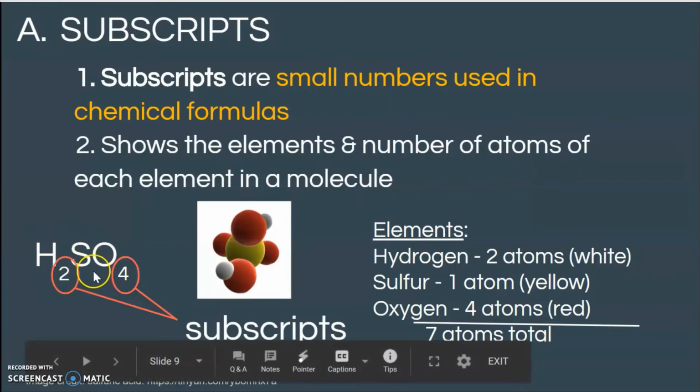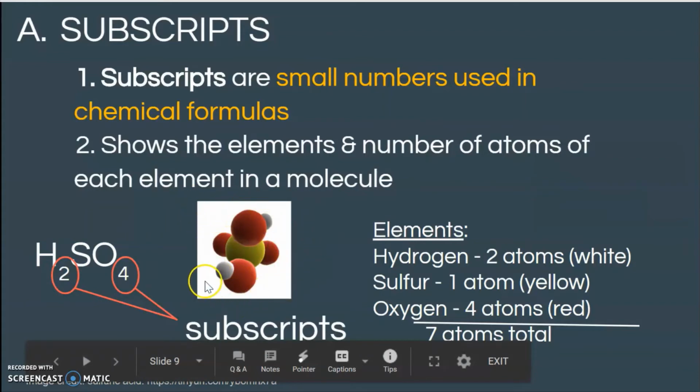Sulfur, whenever you see nothing next to it, you can assume that's a 1. That's the yellow one. Sulfur is 1 atom. And then oxygen, the red ones in the picture. There are 4 oxygens. So in this chemical formula, there are 7 atoms total. These subscripts tell us how many of each element are in the whole formula.